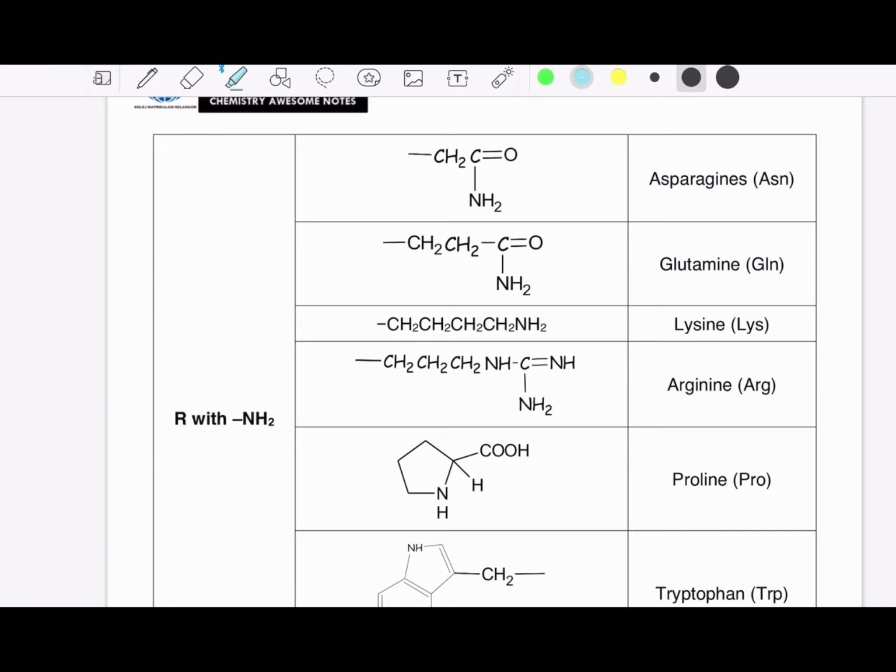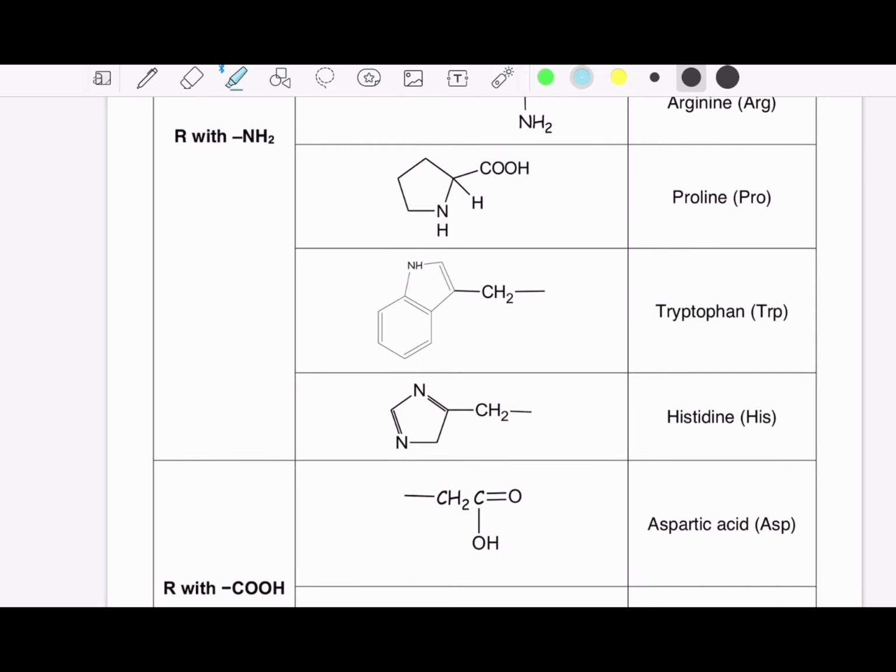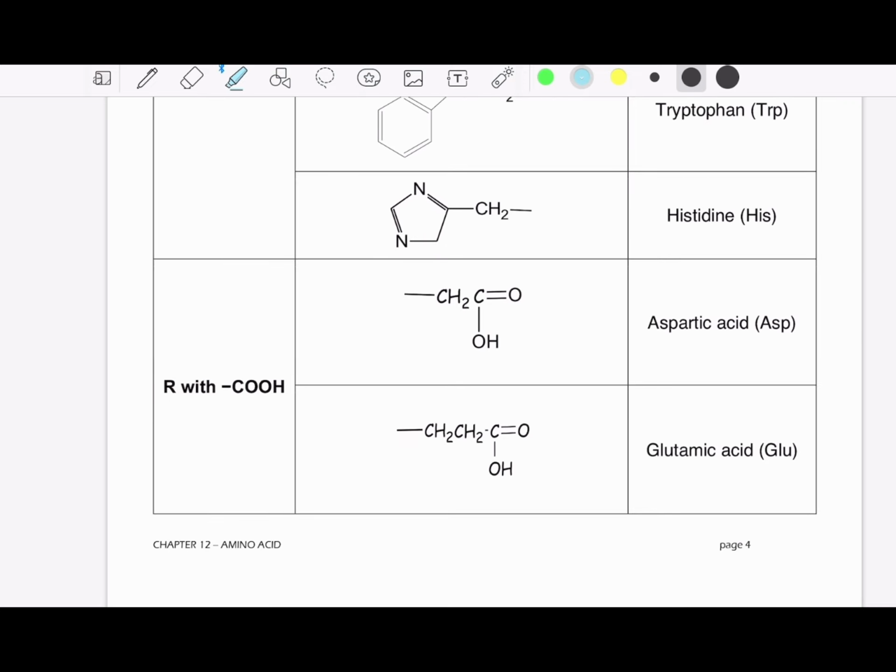This is very famous among parents because it is a vitamin that can help kids or toddlers grow. Now we have arginine, proline, tryptophan, histidine, aspartic acid, and glutamic acid.